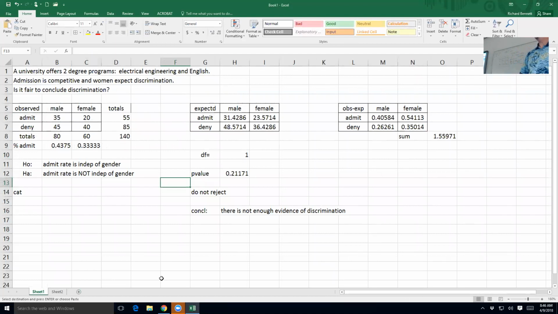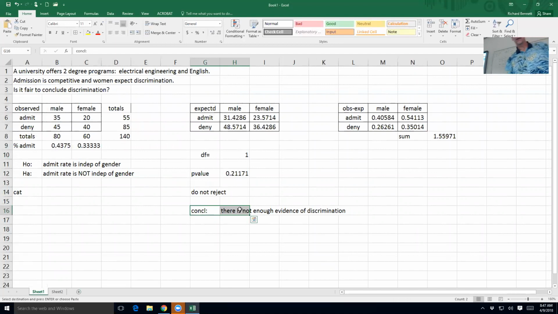Which is the better calculation in this problem? Is it the nice simple one? Or is it the more complicated hypothesis test? Depends on whether you want to claim discrimination or not, right? Yeah, but the more accurate test is actually the independence test.